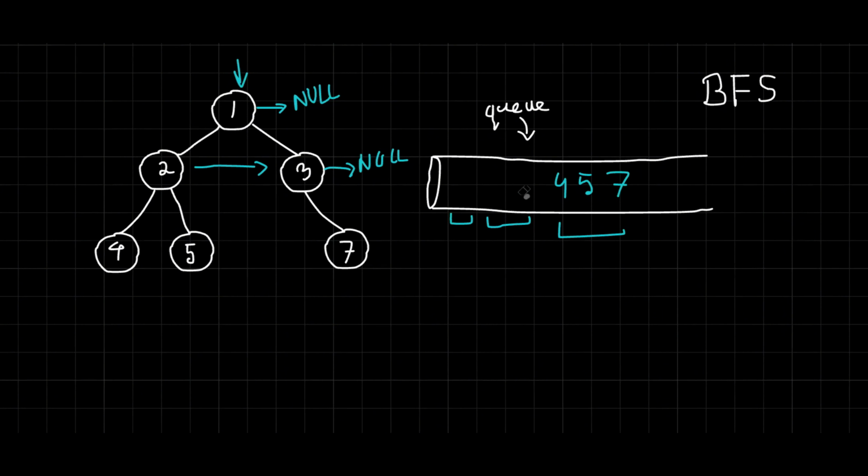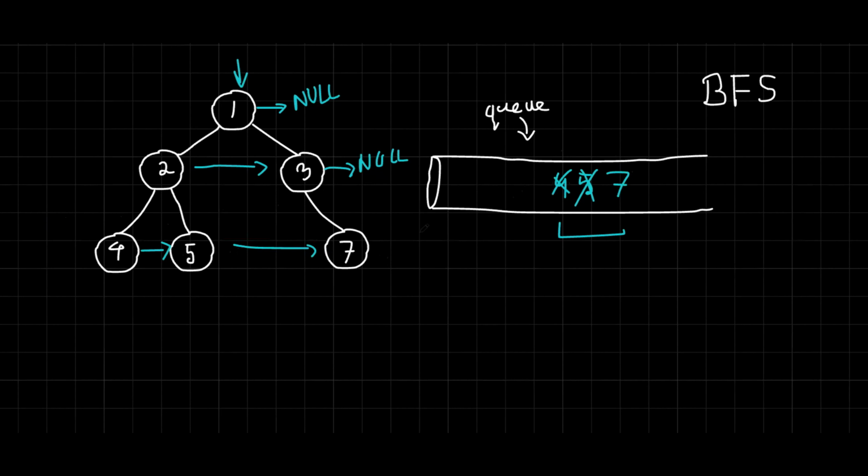Now, our third level has 3 nodes, 4, 5, and 7. So here, what is the front element of the queue? It is 4. So we have to remove it. And now our front element is 5. So we have to connect 4 with 5. And similarly for 5, we have to remove it and we have to connect 5 with 7.